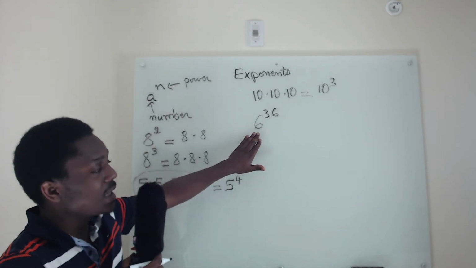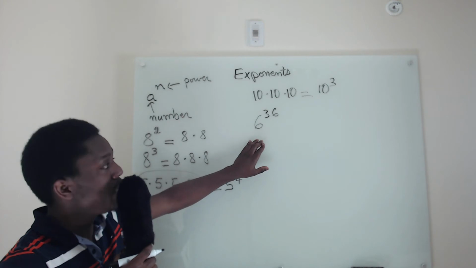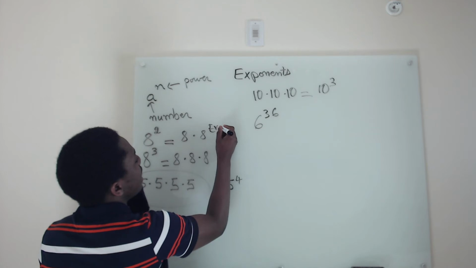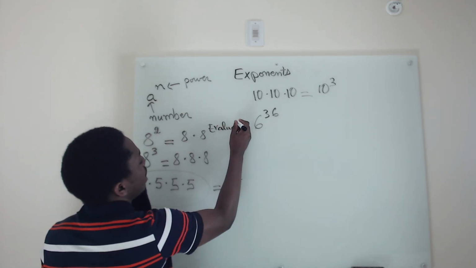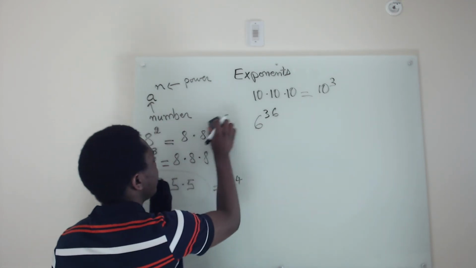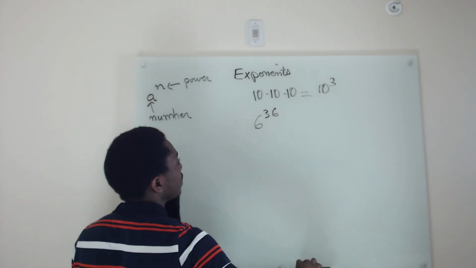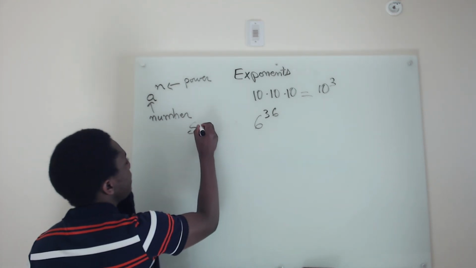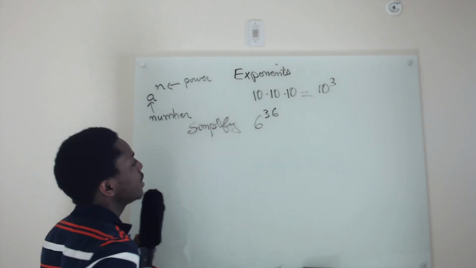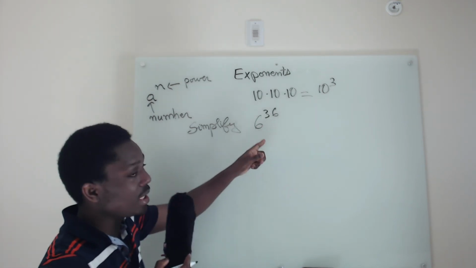So this is already in exponential notation, but now the question says evaluate the following, or it says simplify.